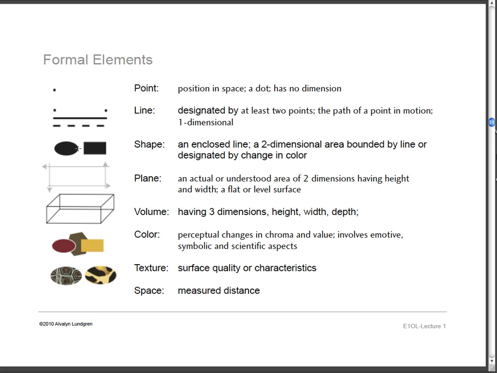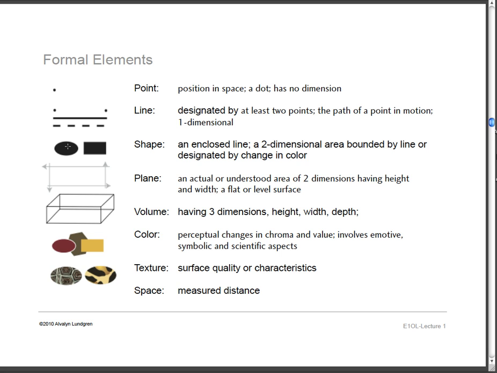And it is either bounded by a line, so it's outlined, such as the various shapes in here, or it's totally filled and is differentiated from the area around it because of color, or it's lighter, or it's darker, or it's red, or it's blue, or it's light red, which would be pink, or dark red, which would be burgundy, but the area surrounding it might be a light green or something like that. So shape is a two-dimensional planar form bounded by a line. It's an enclosed line, or it's designated by a change in color.